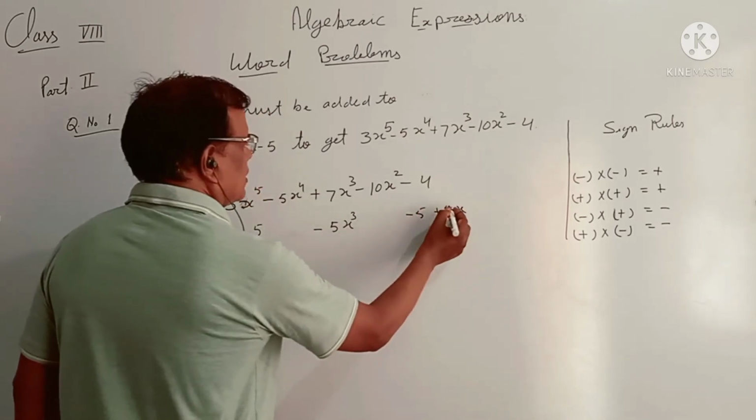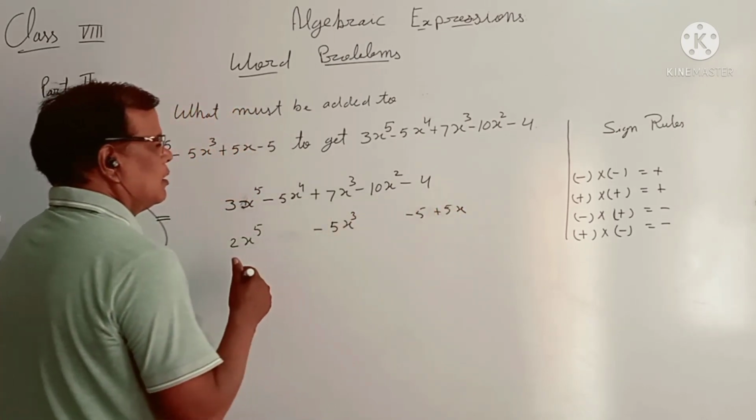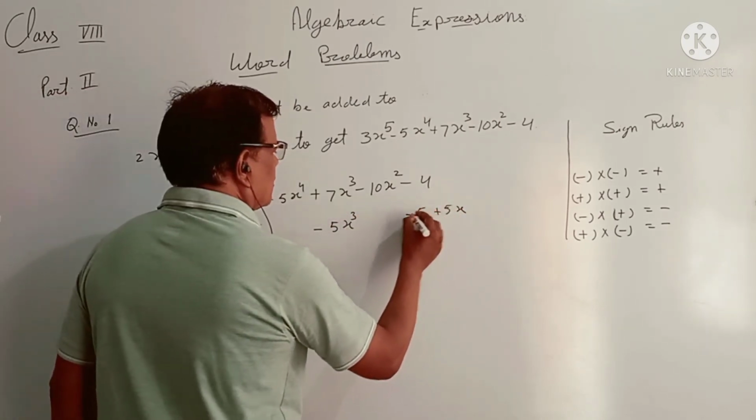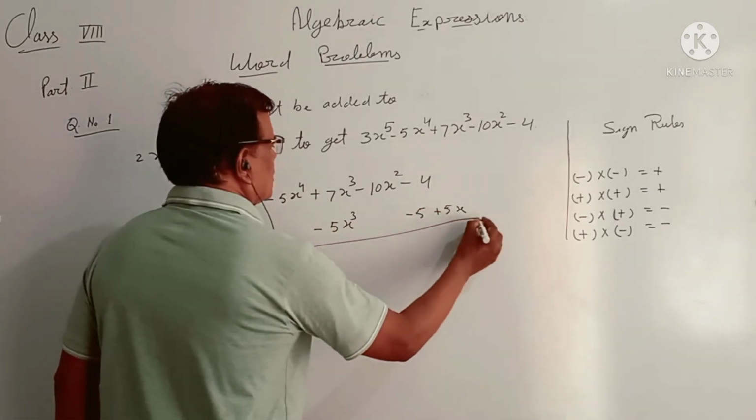Because 5x is not in the second expression, we write the like term just under the like term.